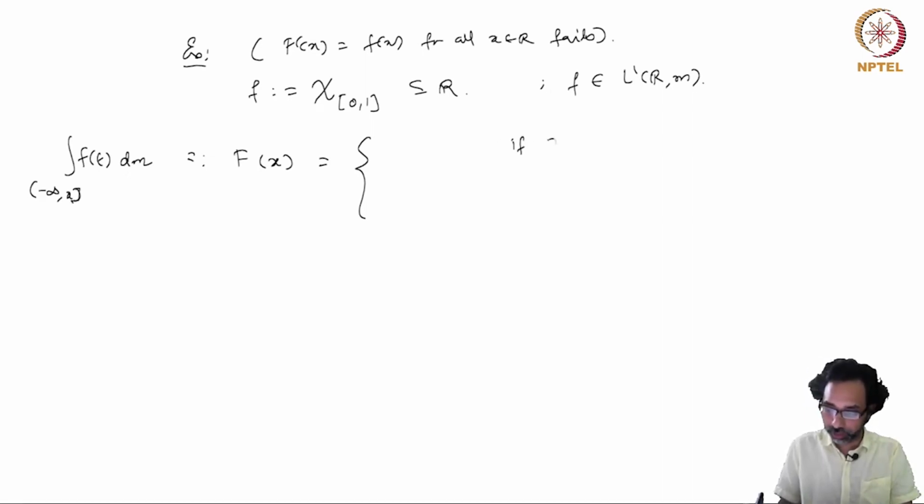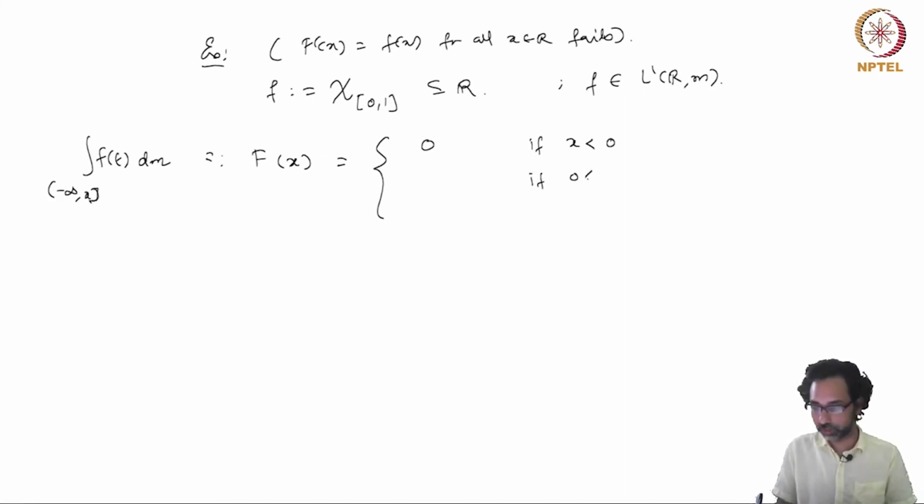So if x is less than 0, then of course f is 0 because it's the indicator function, and therefore this is going to give you 0.